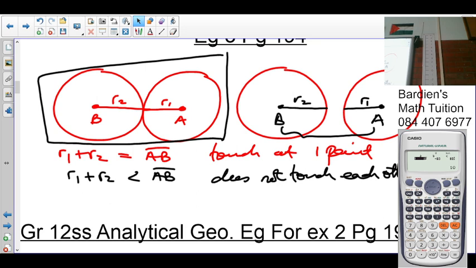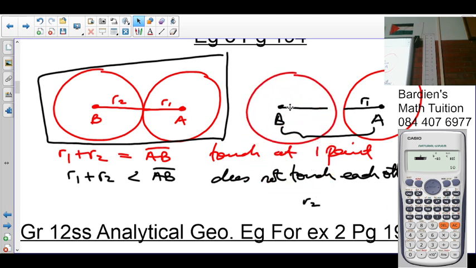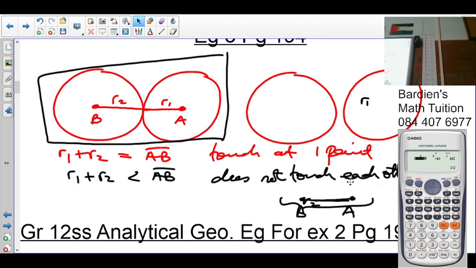Alright, go with the third scenario now. What do you think is going to be the third one? Where they're actually overlapping now.